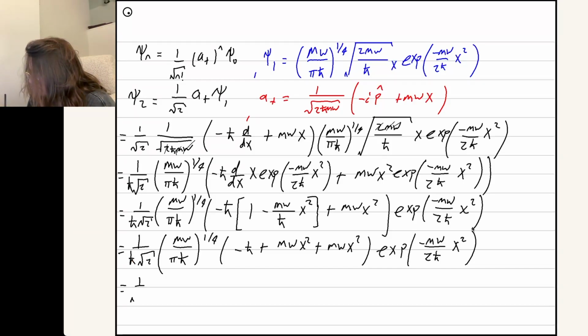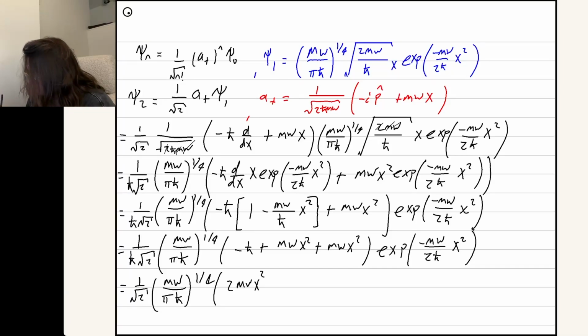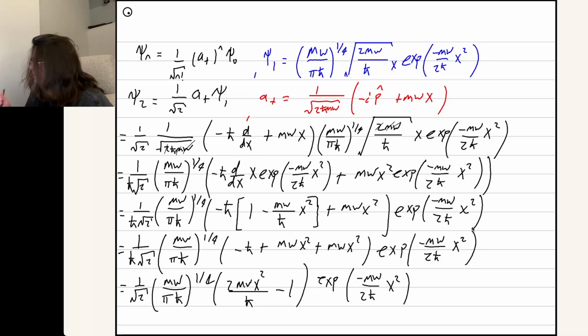So we just have 1 over root 2 times (m omega over pi h bar) to the 1/4. We'll have 2 m omega x squared over h bar minus 1. Cool. And all of that times the exponent stuff.